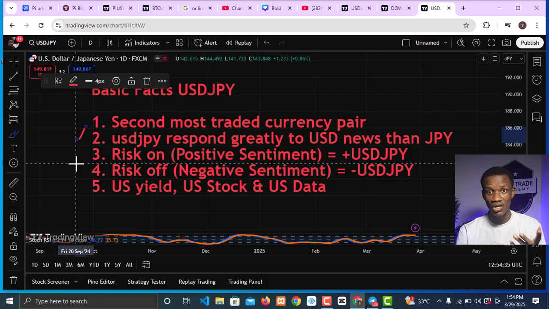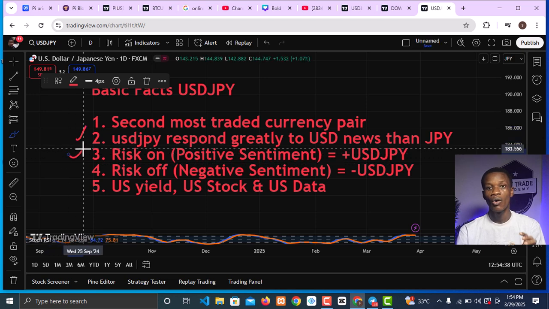And this is so important. Why? Because if you already know that the US dollar news is going to impact the market more than the JPY news for the same day, then you should give more attention to the US dollar news than you do to the JPY news. And this is super important.